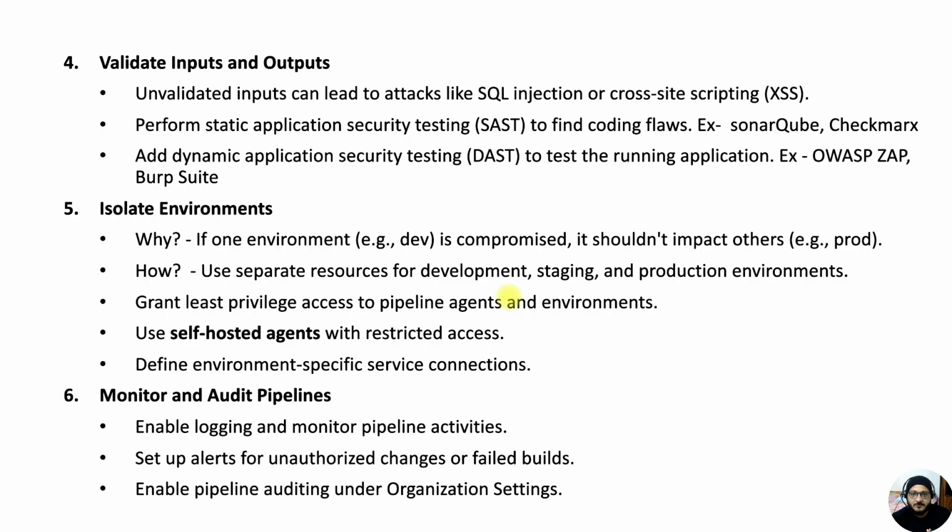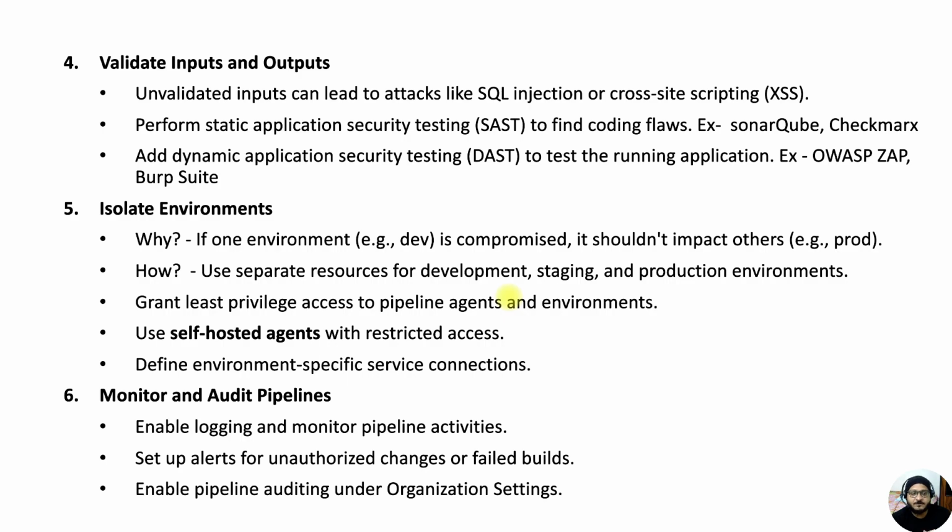We need separate resources for all the environments, and we need to grant least privilege to our pipeline agent, because the pipeline agent is the one which executes all the tasks for our application or deployment. We should also consider a self-hosted agent instead of an Azure hosted agent. So the fifth point, you can mention isolate environments.